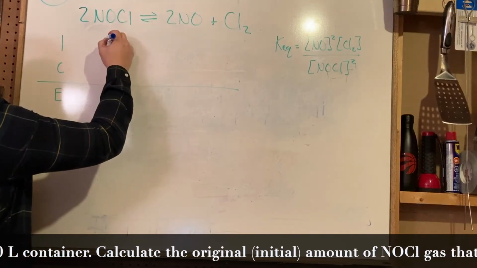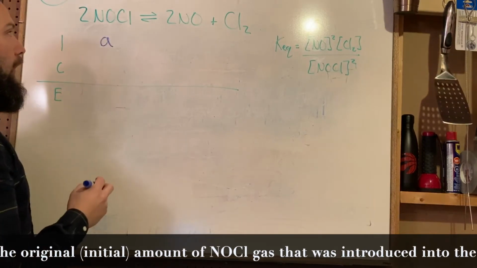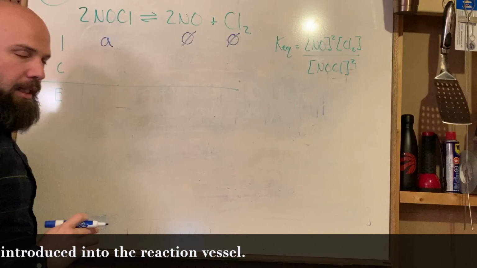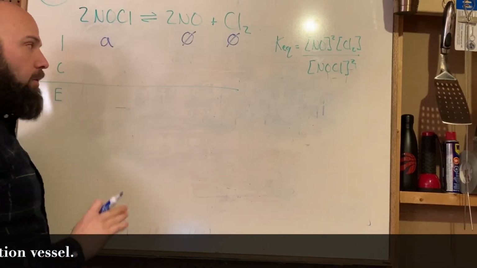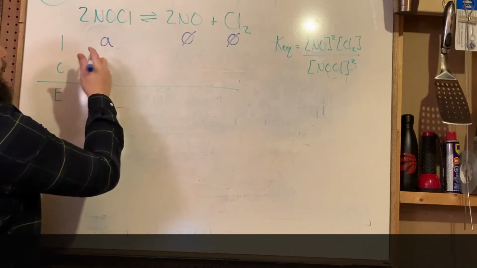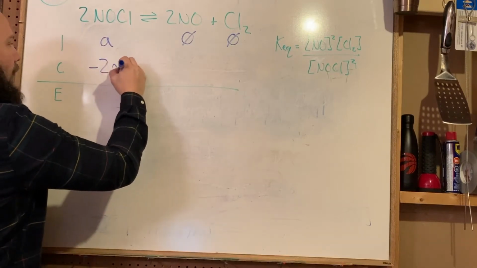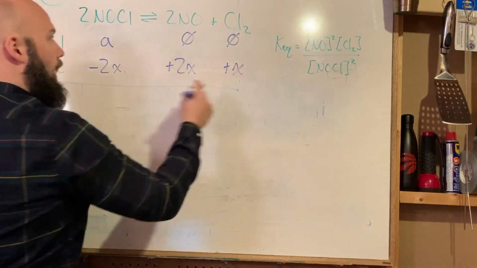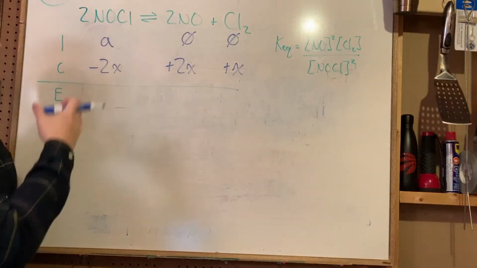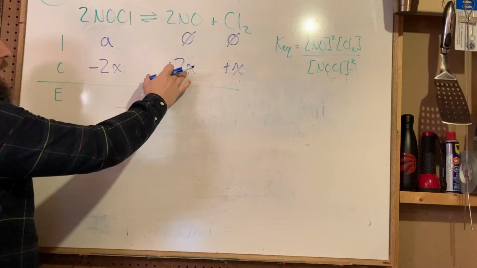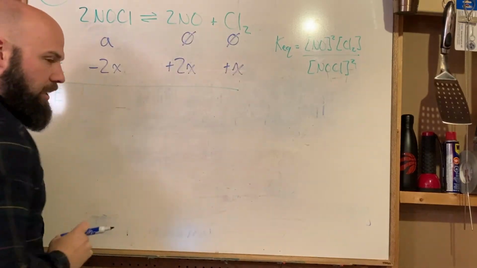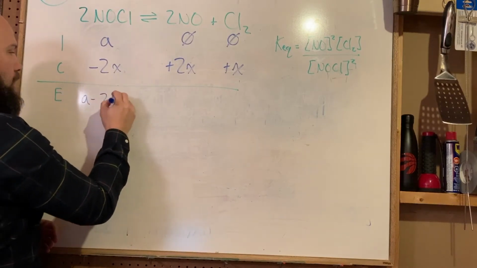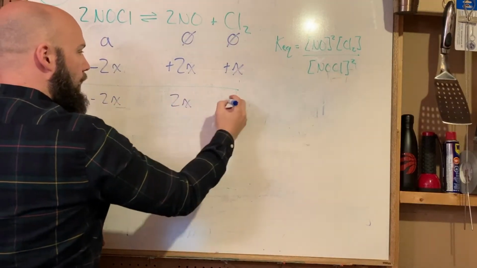I'm going to use A as my variable, and then we're told that initially none of the products exist in the reaction, and plug in that whatever our A value is changing at a rate of minus 2x, and NO at 2x, and Cl2 at just x. These give us our expressions for each species at equilibrium.